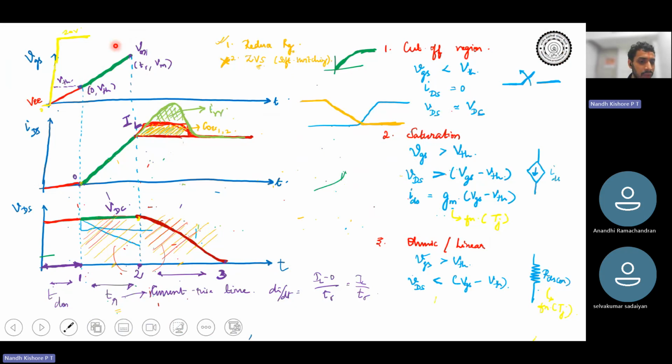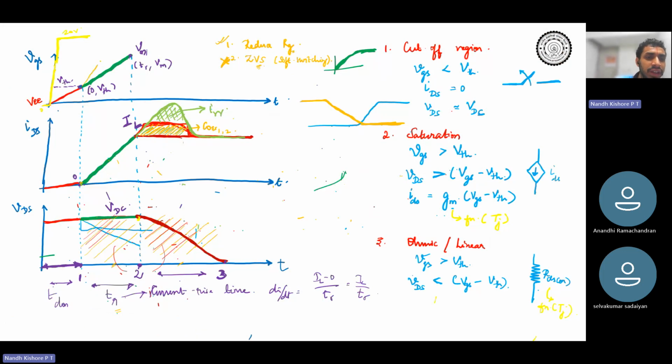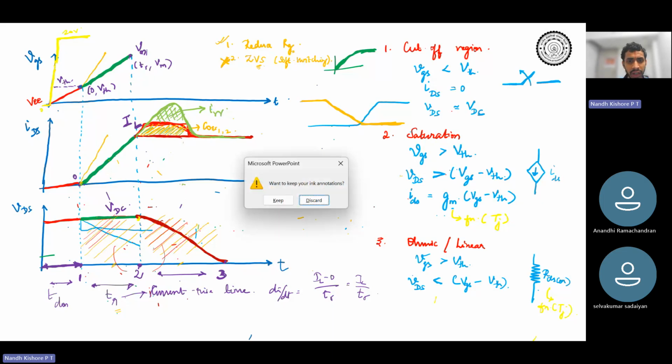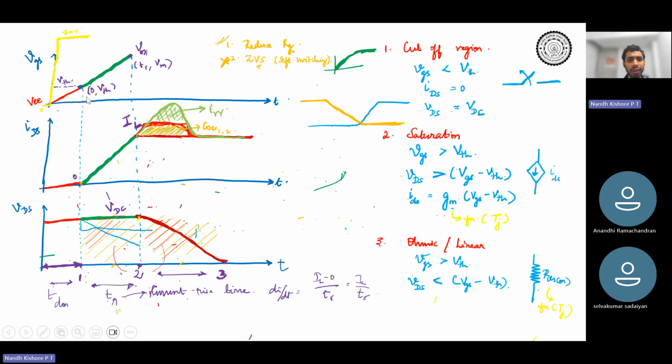Instead of VGS increasing like this, let's say my VGS increases like this. So then my current would reach IL at a quicker time. Okay, so the time is lesser, right? So this is one particular way. I want to make sure that VGS increases faster.